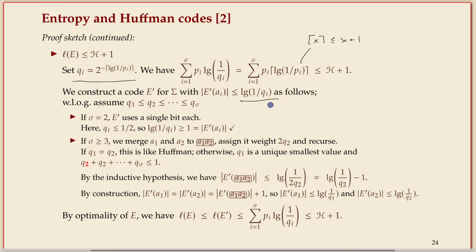We construct this as follows. We do this inductively. If the alphabet has only 2 symbols, then there's not much you can do. You just assign each symbol 1 bit.